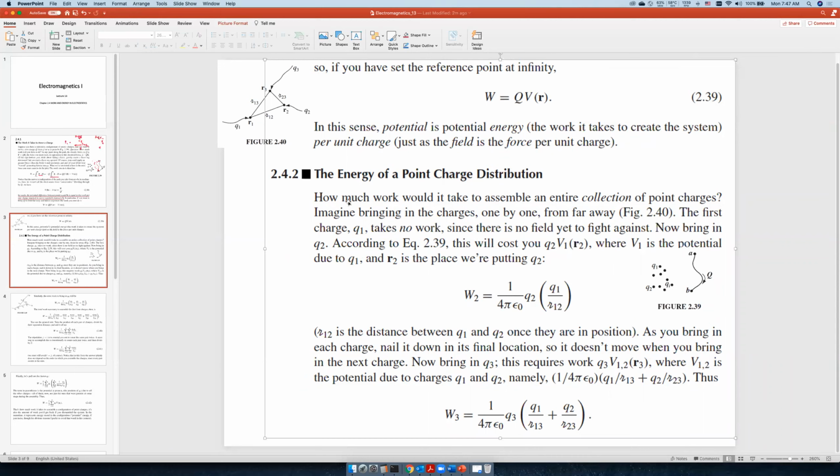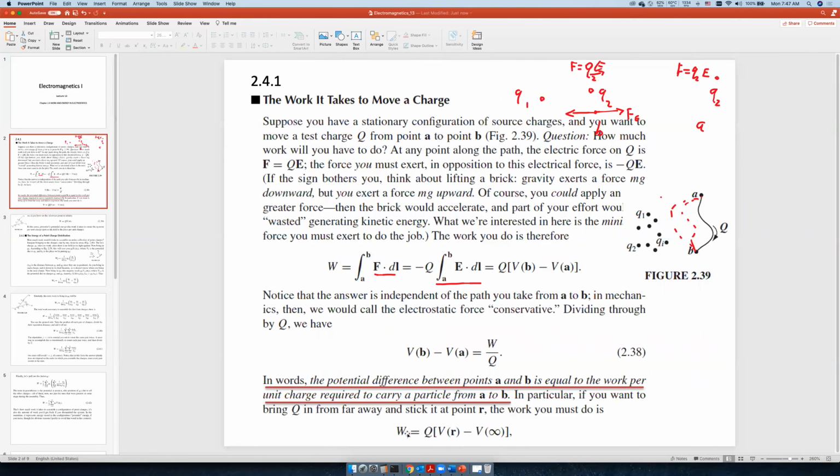So what you can do is, now you have the 1st charge. It doesn't take any work since there's no field yet to fight against. Now, if you bring Q2, you get the equation shown here, W equals Q times V(R).